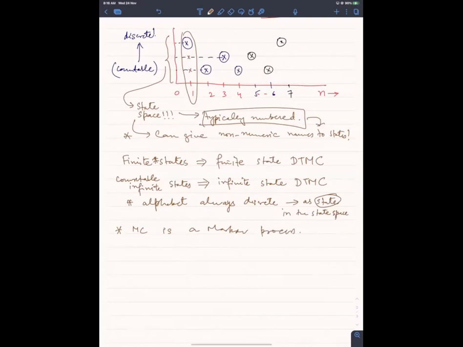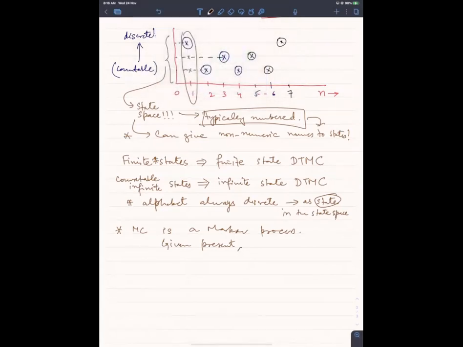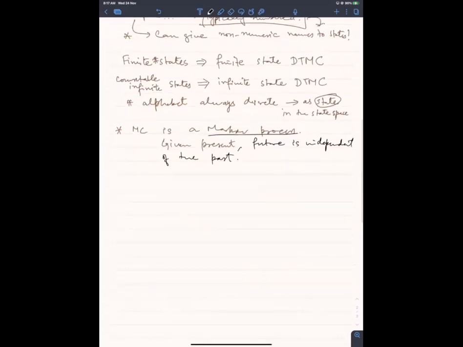What that means is, okay, given the present, future is independent of the past. Okay. Markov property is satisfied by the Markov processes.